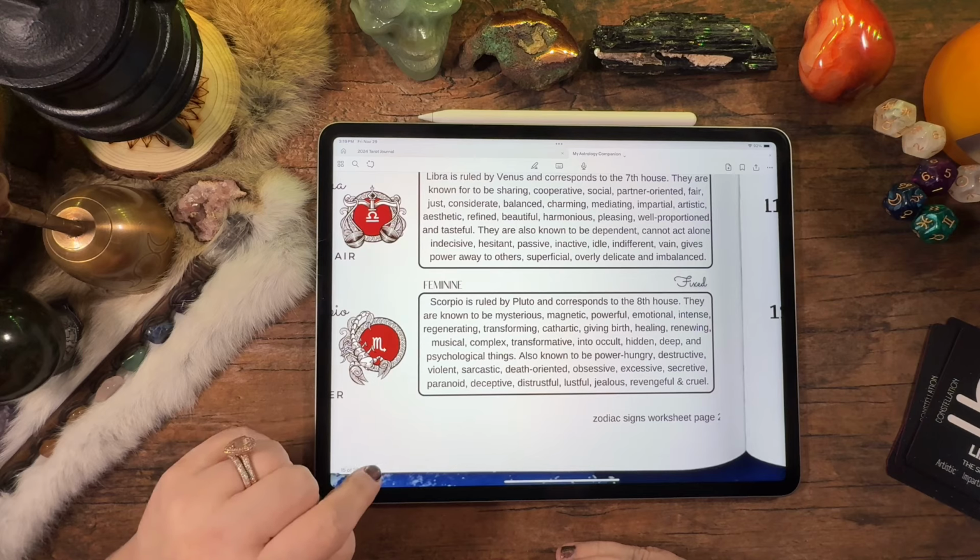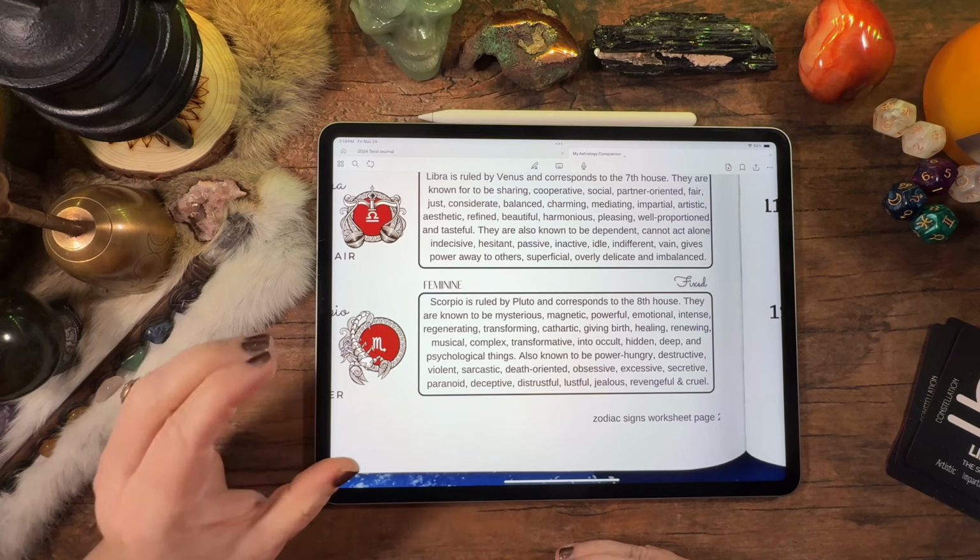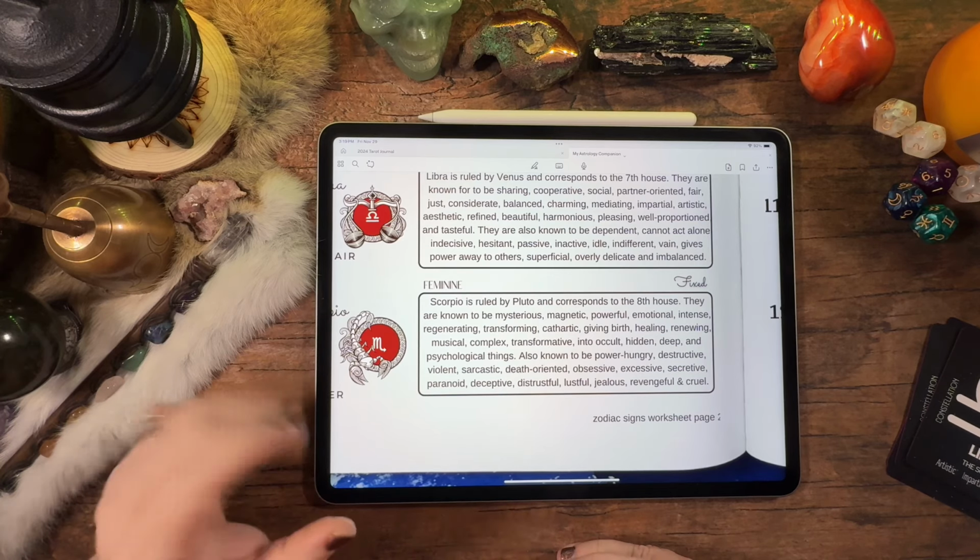They are known to be mysterious, magnetic, powerful, emotional, intense, regenerating, transforming, cathartic, giving birth, healing, renewing, musical, complex, transformative. They're into the occult, hidden things, deep and psychological things.